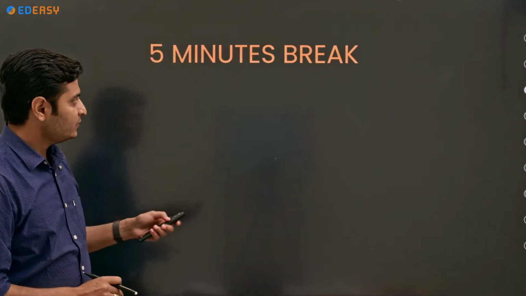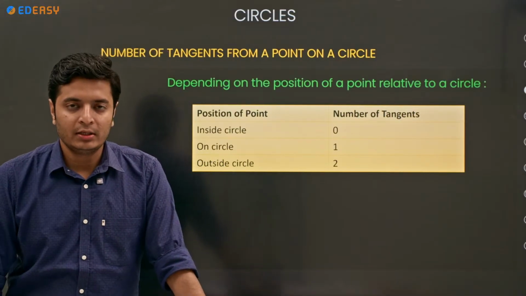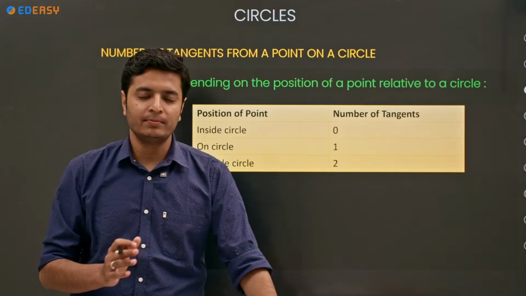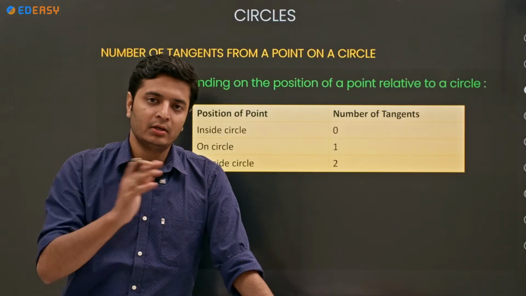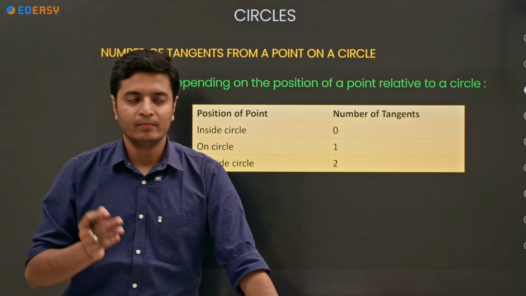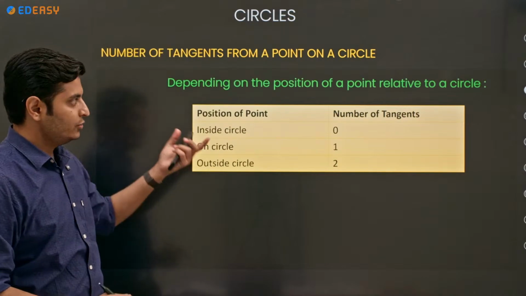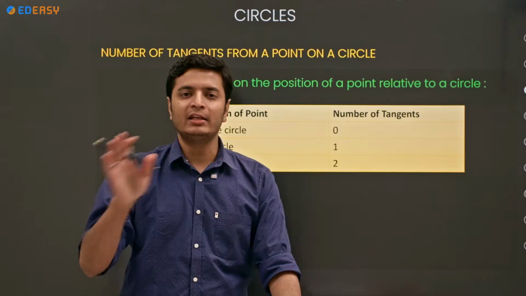Now let's talk about one more scenario, one different type of scenario. Till now we were talking about a relationship between a line and a circle, correct? But now we are going to understand the same relationship but from a different point of view. This time we are going to use a point. A point can be anywhere, correct?